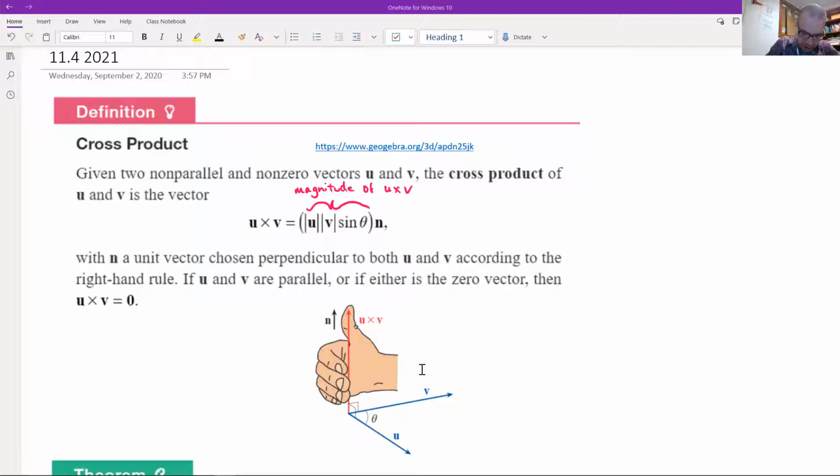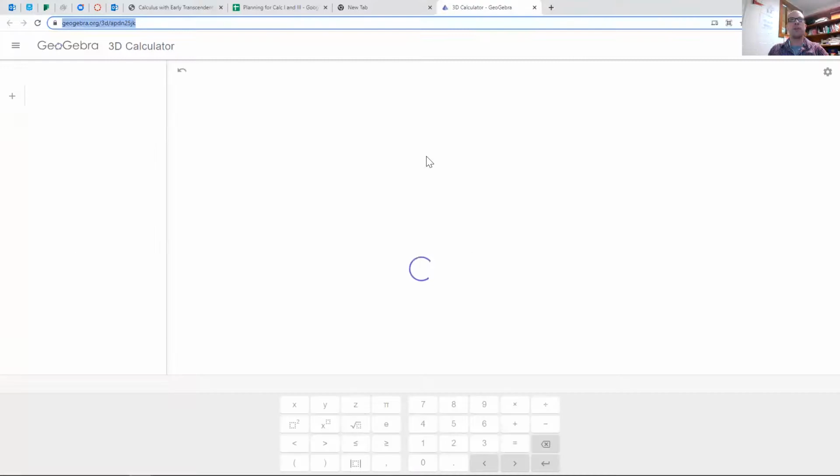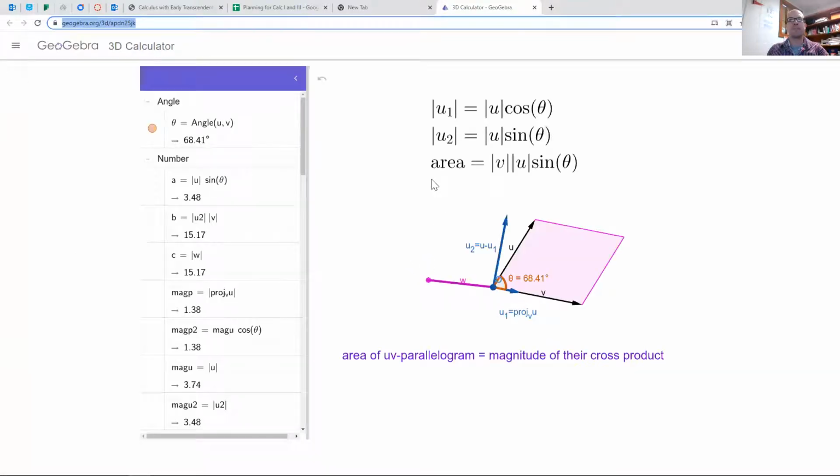And I guess I could have written it like this. So that part's the magnitude, and it actually has a pretty nice geometric interpretation. So we're going to go to GeoGebra and check it out.